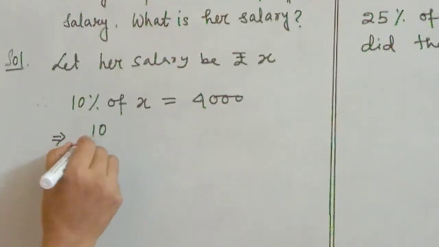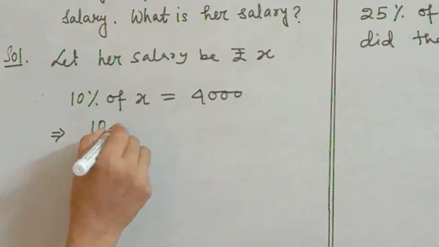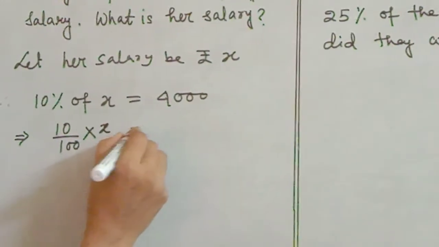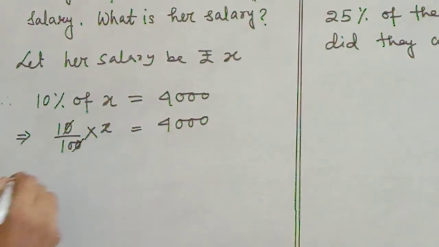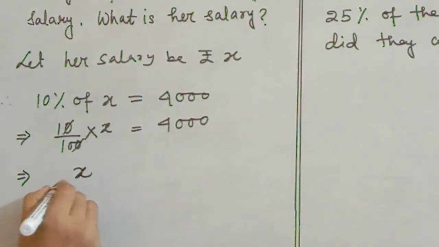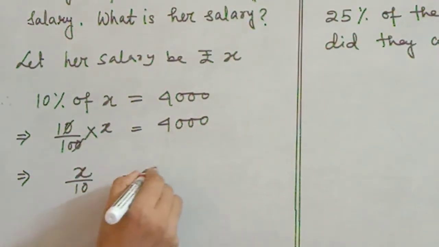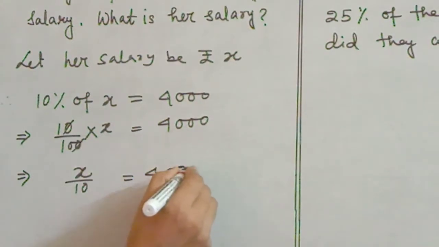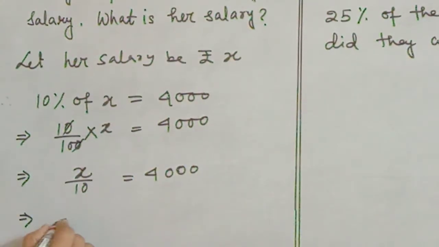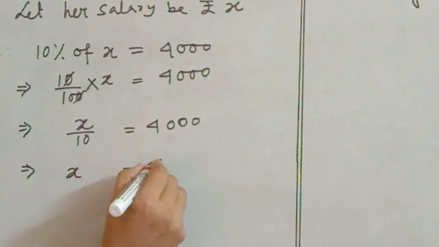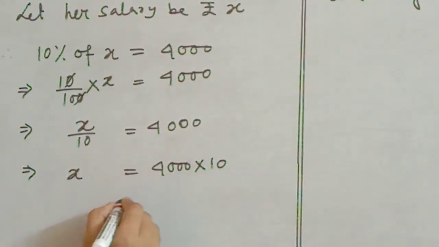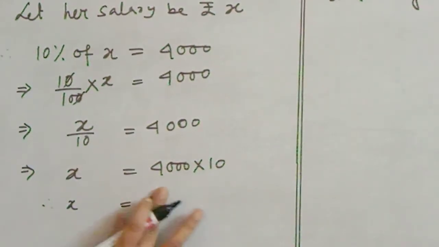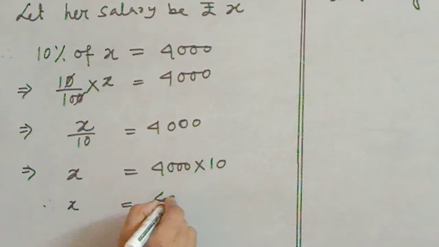So 10%, 10 by 100 of X is equal to 4000, which is X by 10 is equal to 4000. Therefore, X is equal to 4000 into 10, X is equal to 40,000.